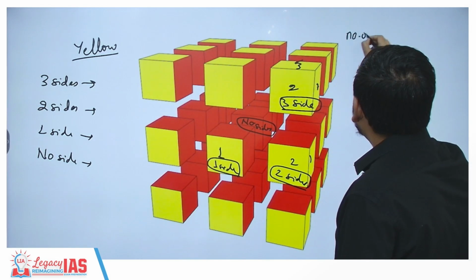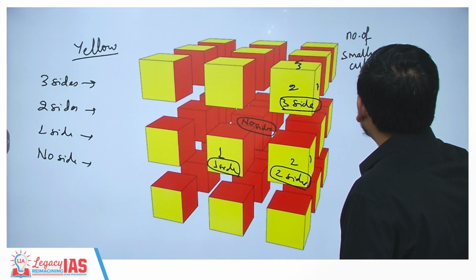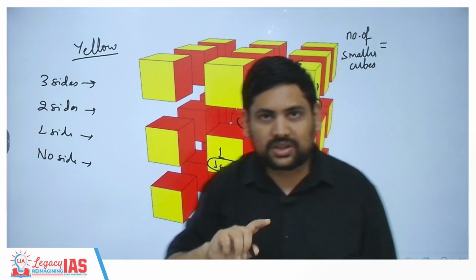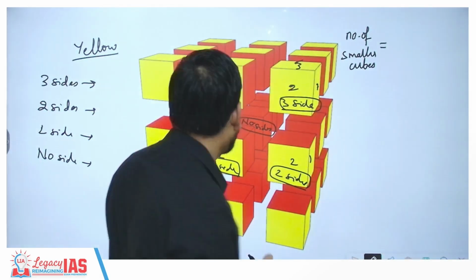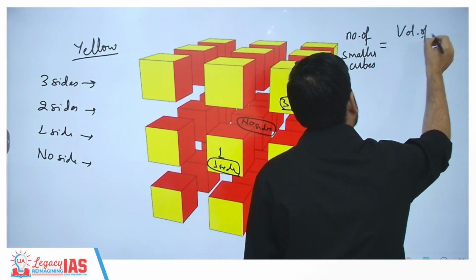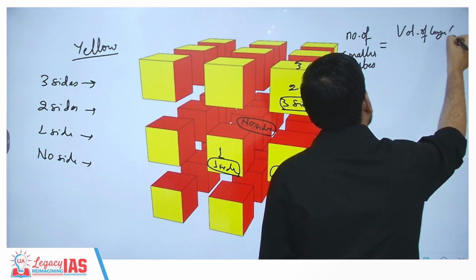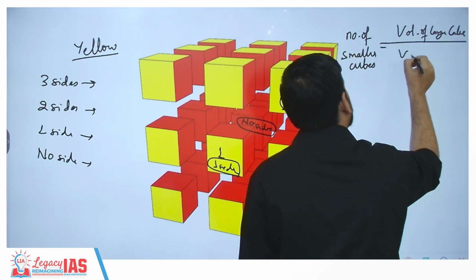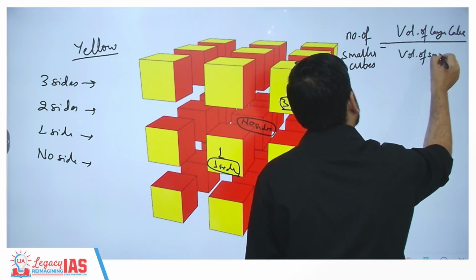What I am trying to say is, number of smaller cubes will be equal to what? Number of smaller cubes will be equal to the volume of the larger cube upon the volume of the smaller cube.